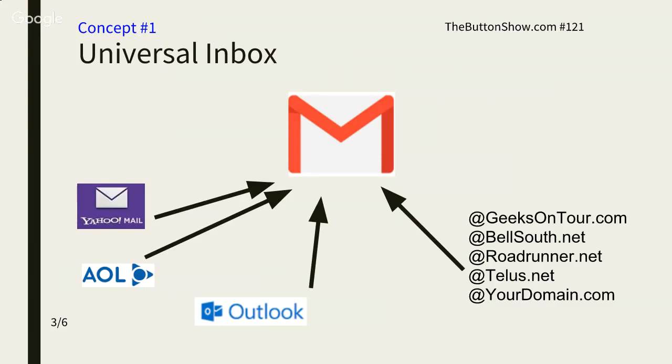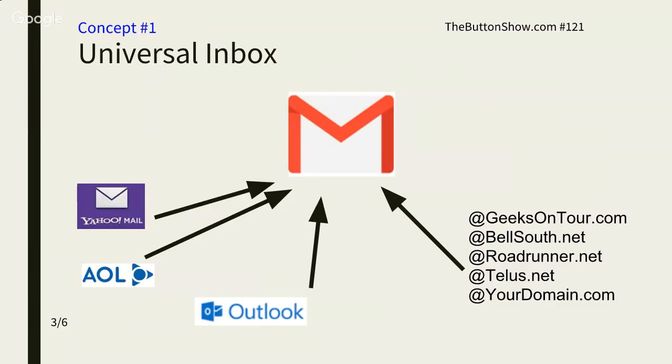So our geeksontour.com is a custom domain that we have emails set up on through our host, and we can gather that email in our Gmail inbox. If you have bellsouth.net or roadrunner.net or TellUs or anything that is your domain, you have yourname.com, you can gather that email into Gmail. So that's what I mean by universal inbox.